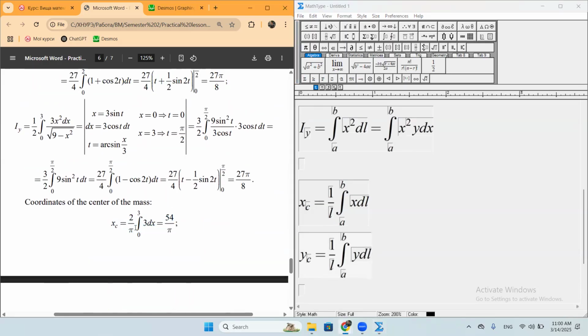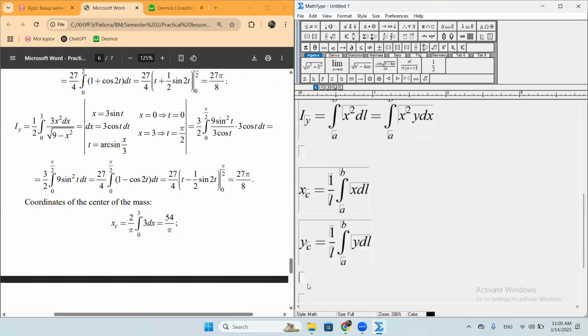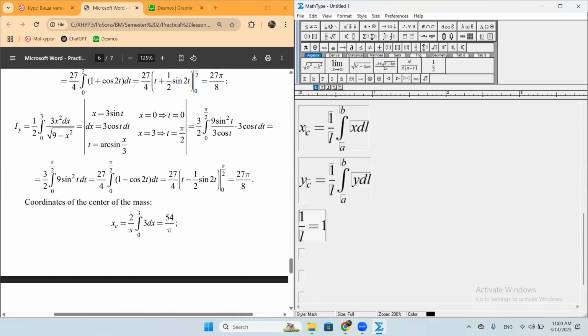The length of the curve is 2 pi r. So 1 over L equals 1 over 2 pi, because it is a quarter of the circle, and r is 3.